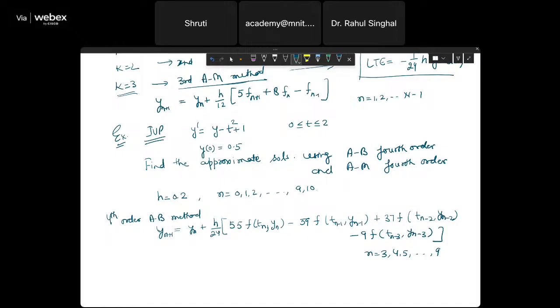So what we need to calculate is the approximate solution at the previous steps, because from y4 onwards we can calculate. So we need y0, y1, y2 and y3. y0 is obviously given to us here as 0.5. y1, y2, y3, the approximate solutions at the first, second and third step, we will evaluate with the help of any single step method. Here, for example, you can use the fourth order Runge-Kutta method.